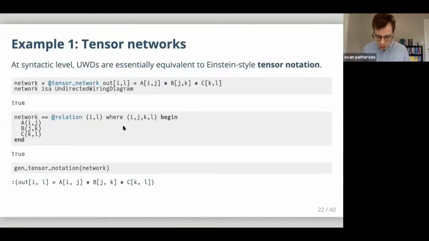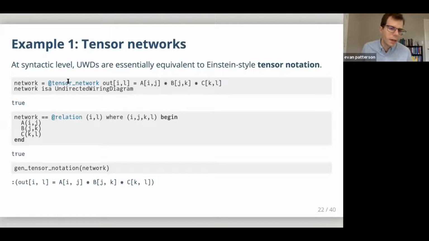Okay, so now let's start to dig into some of the examples. The first thing to notice about tensor networks is that at a syntactic level, undirected wiring diagrams are essentially the same data as you get from a tensor contraction as specified in Einstein-style tensor notation, where you have indexes and the summations are implicit.